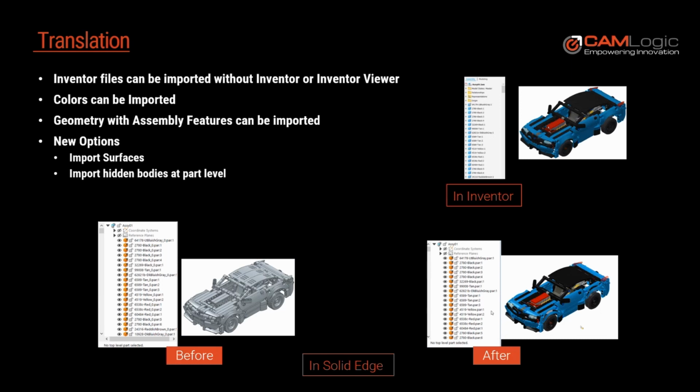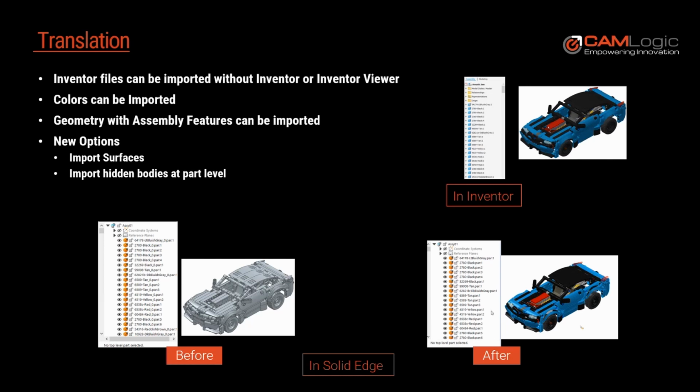A couple other things. Inventor files can be imported without Inventor or Inventor Viewer, and they also made it so that colors and assembly features can also be imported. And then additionally, just like in the previous changes, you can import surfaces as well as hidden bodies at the part level. So you can see in the top right, that is the model in Inventor.